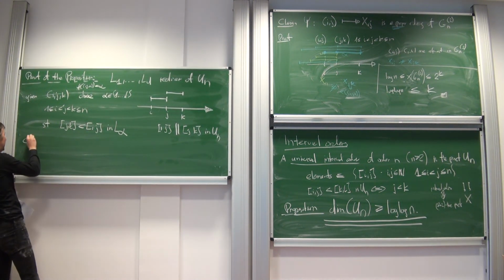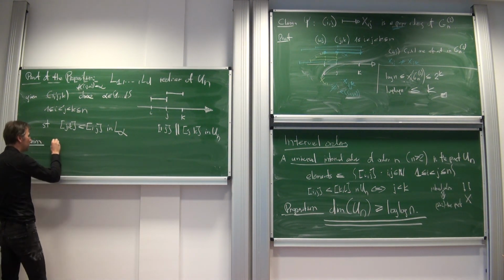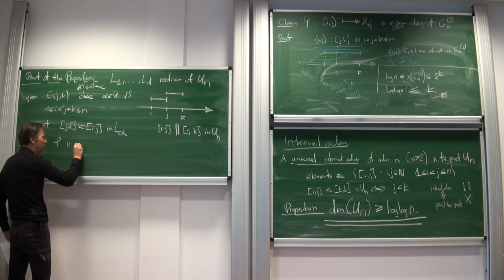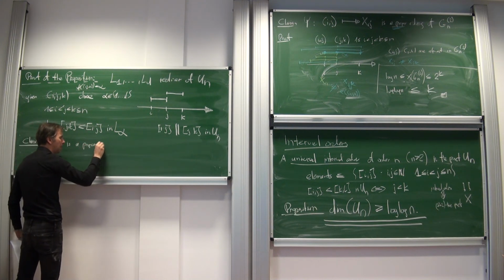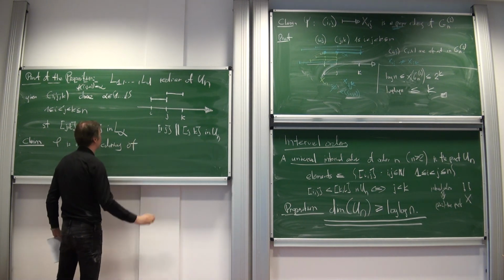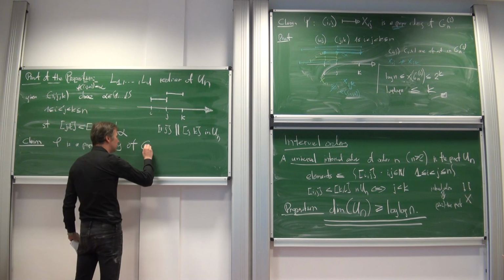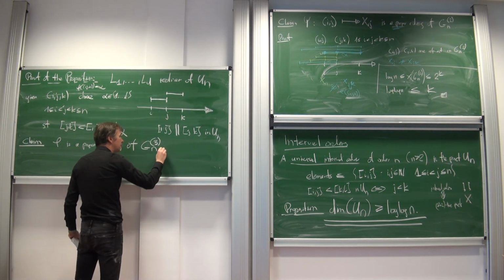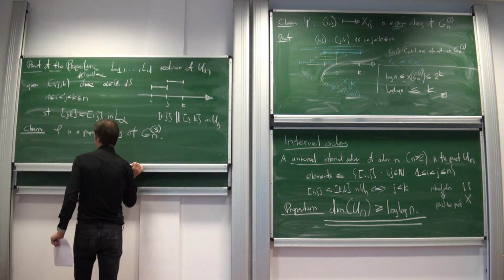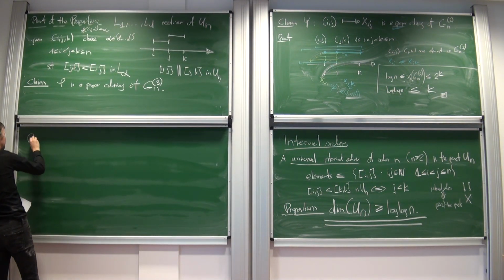This allows me to write in a concise way what I want, which is that phi is a proper coloring of GN3. Okay, let's look at what happens.